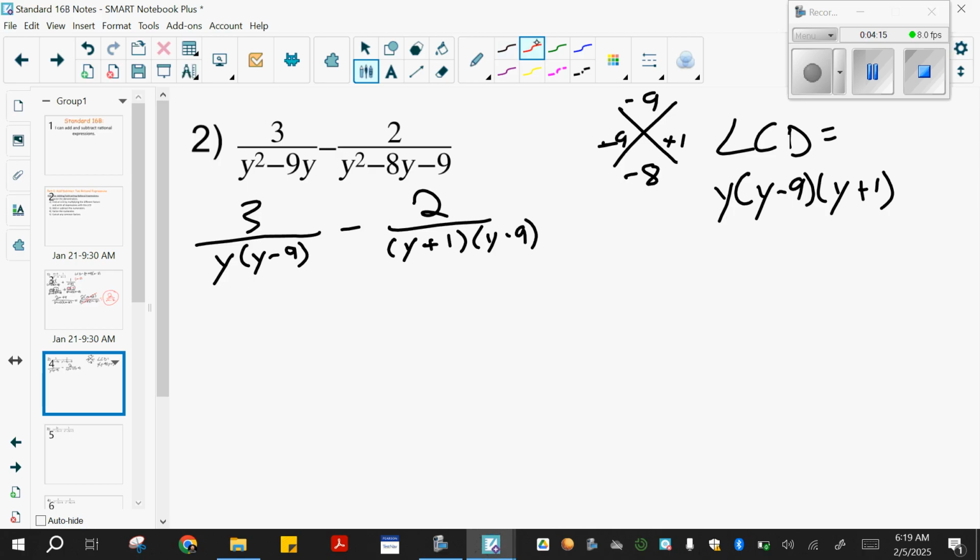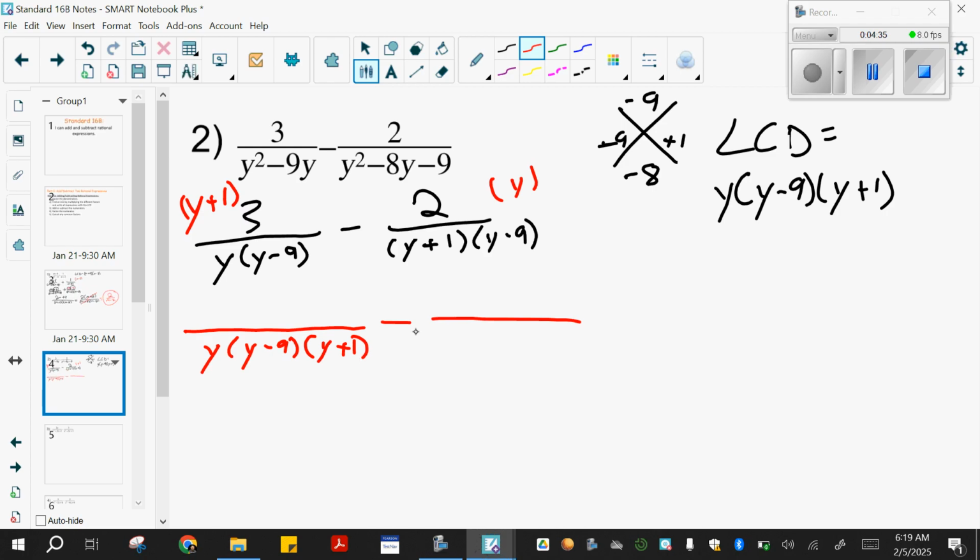So I'm going to multiply the left by y plus 1. The right has the last two, but not the first one, so I'm going to multiply the right by y. So I'm going to have two new fractions, y times y minus 9 times y plus 1.